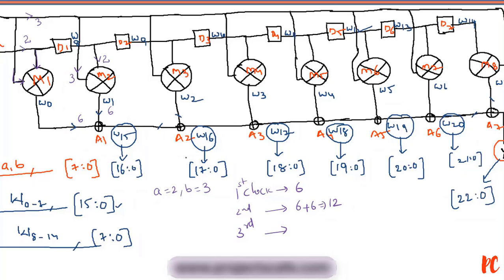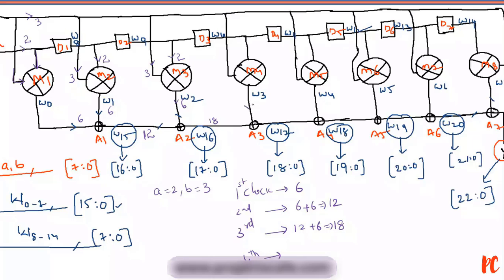Similarly for the third clock cycle, now the 12 value is lying here. An input of 3 and an input of 2 will give an output of 6, for which 12 plus 6 will give 18. Similarly for the fourth clock cycle, now the value of 18 will lie here.